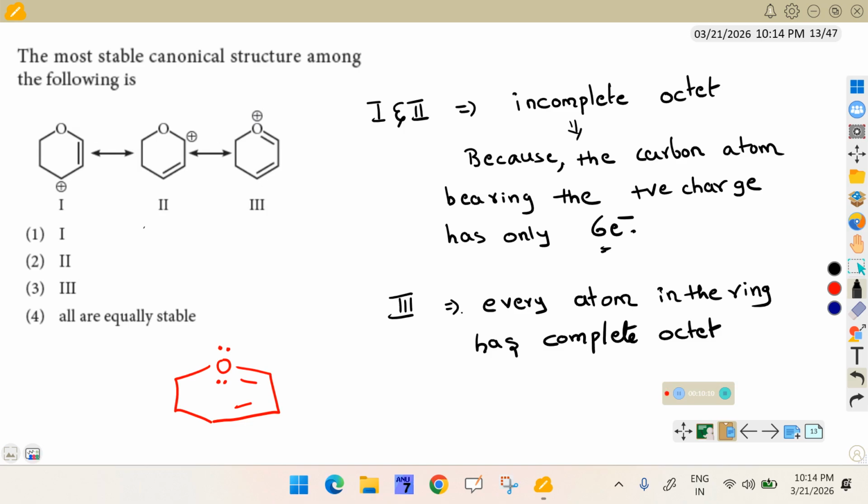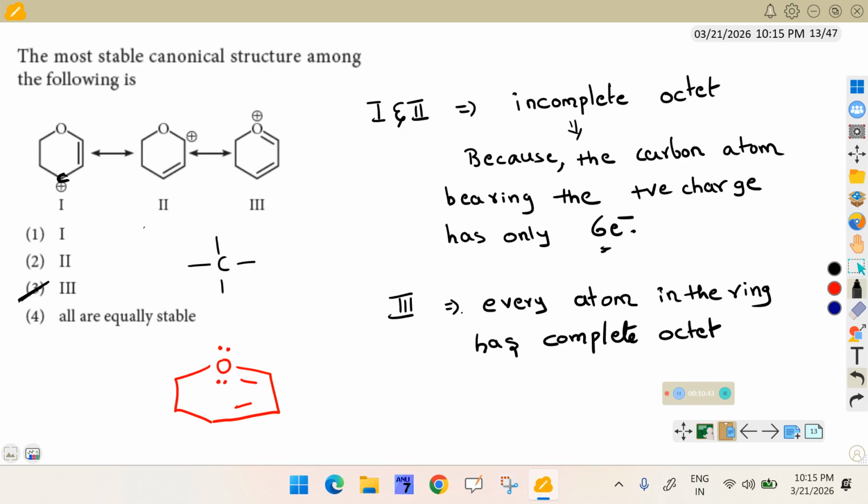The most stable canonical structure among the following is the third structure. How? Structures 1 and 2 have an incomplete octet. How is it incomplete? Because the carbon atom bears the positive charge. Generally, around carbon 4 bonds are present, which means it follows the octet.